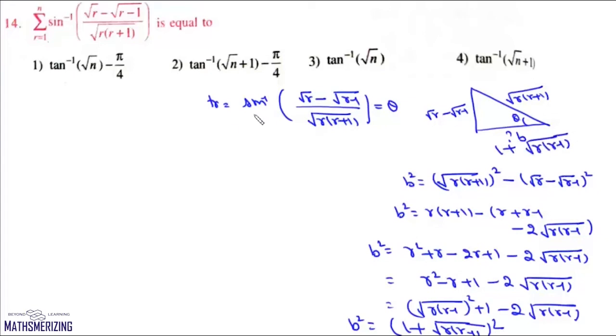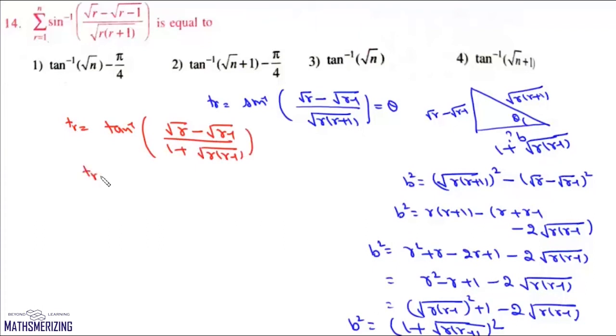So we can express this sin inverse as tan inverse (under root of r minus 1) upon (1 plus under root of r into (r minus 1)), which is nothing but tan inverse ((x minus y) upon (1 plus xy)).